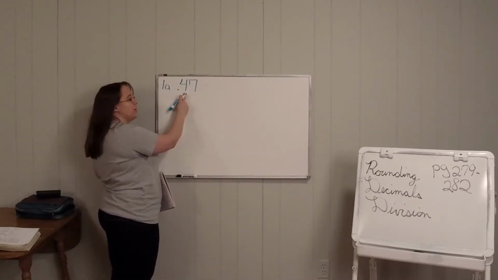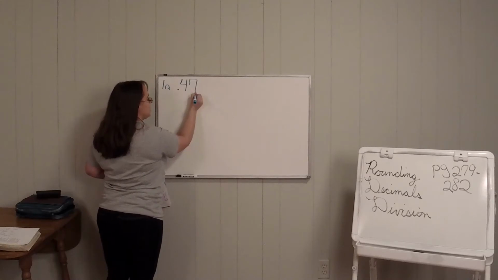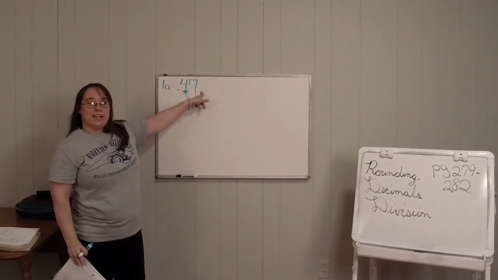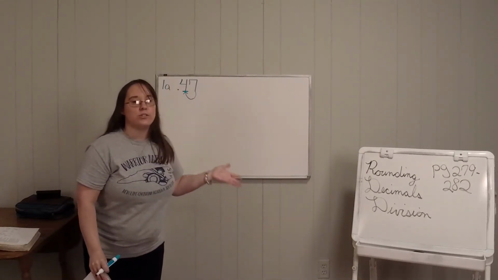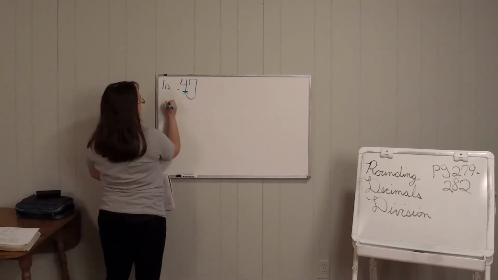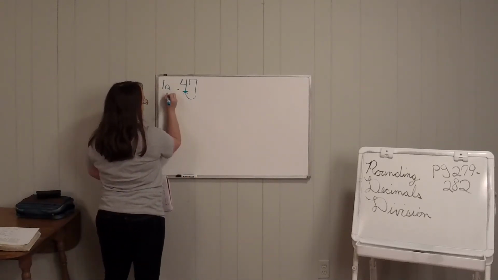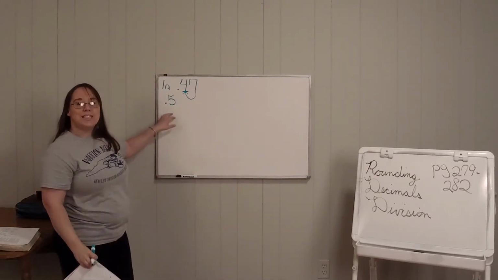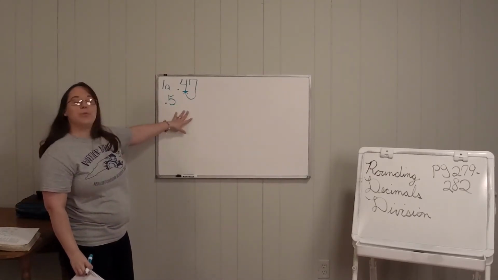Is it going to go up or down? Well, this number 7 is going to tell us what's going to happen with 4. Well, 7 is more than 5, so 4 is going to go up 1, and it will be decimal 5. Because you're only rounding to the 10th place, and you don't have to put a 0.